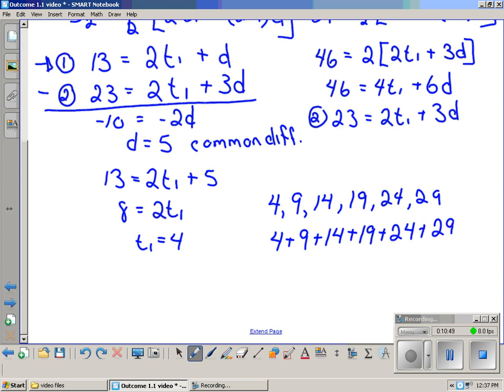And we're asked to find the sum of those numbers. So the sum of the first 6 is equal to n over 2 times t1 plus t6 in this case.